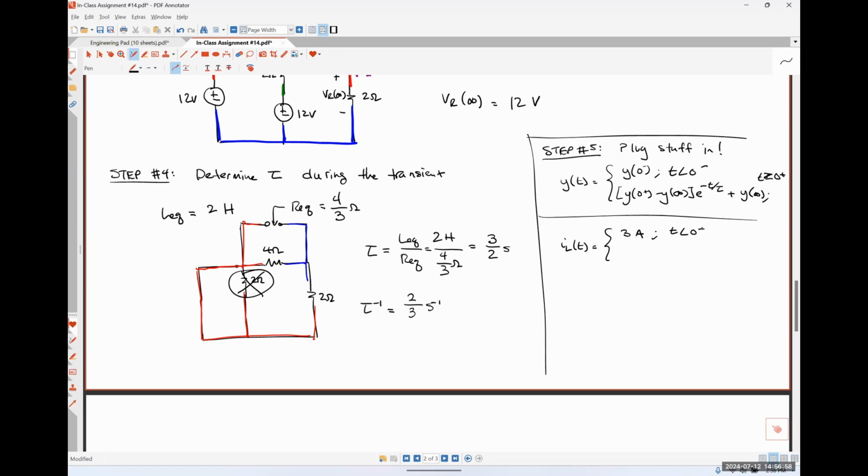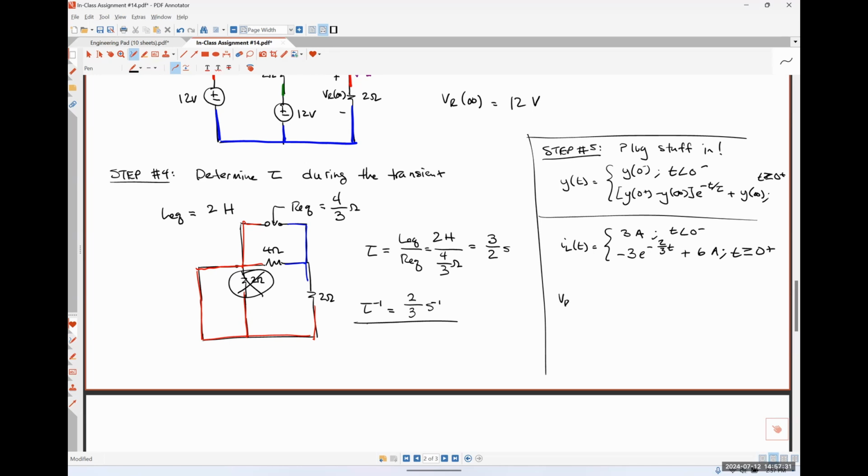Okay, so we have 3 minus 6, so that's going to be -3. E to the minus, so T over tau is the same thing as T times the inverse of tau, so I'm just going to put -2/3 T. So that's why I bother doing that tau to the -1. It just tells me what coefficient to multiply T by. Plus 6 amps for T greater than or equal to 0 plus.